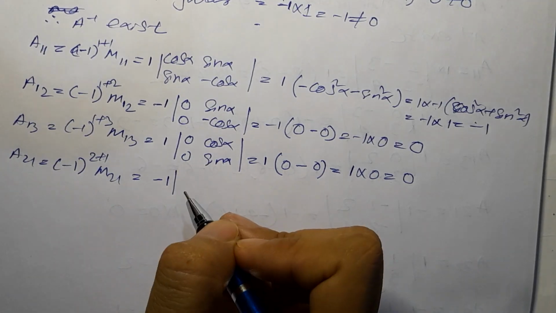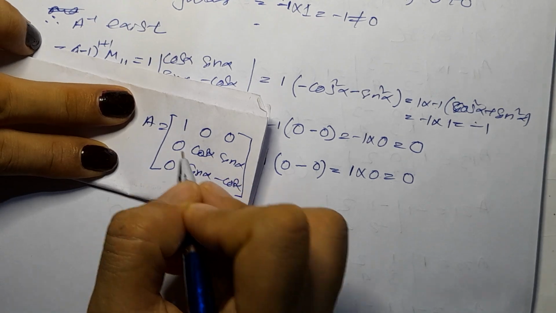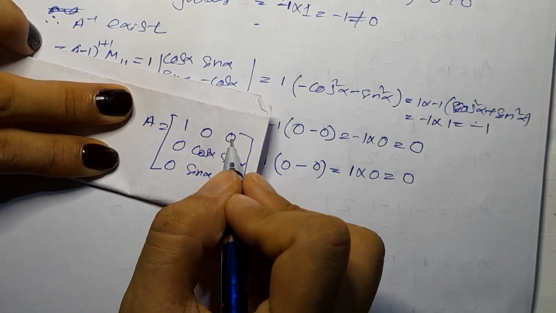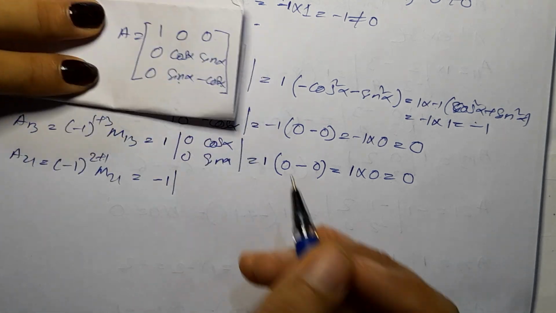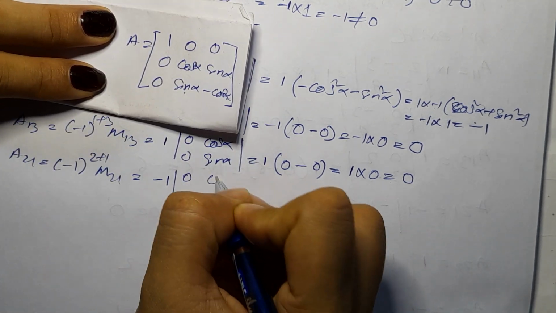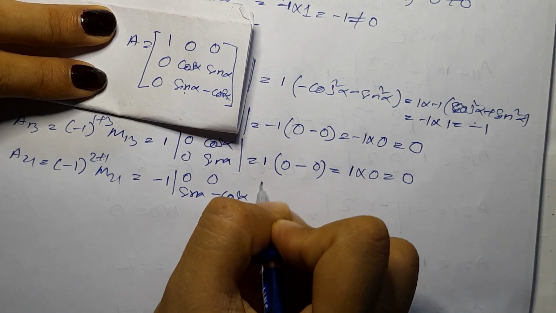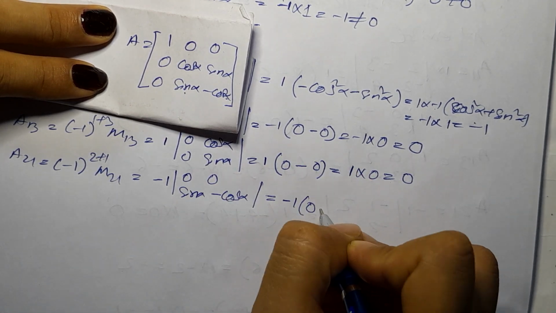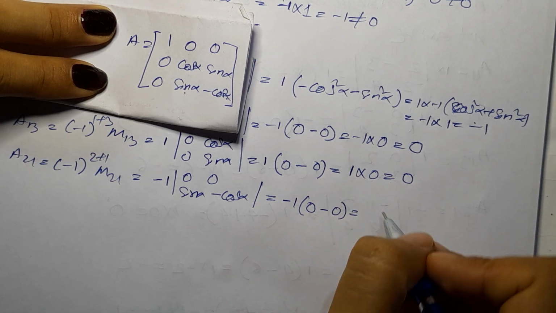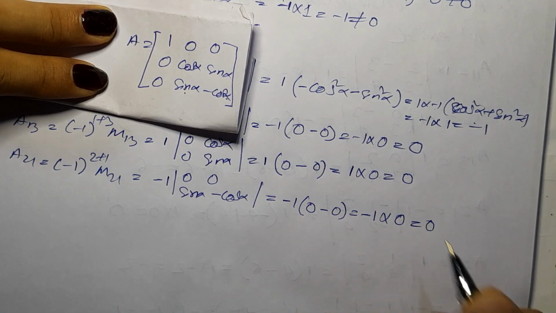Now eliminate the second row and first column: 0 0, sin alpha, minus cos alpha. Minus 1 bracket, it will be 0 minus 0, so minus 1 into 0 gives 0.